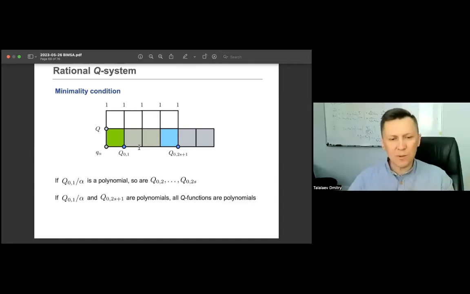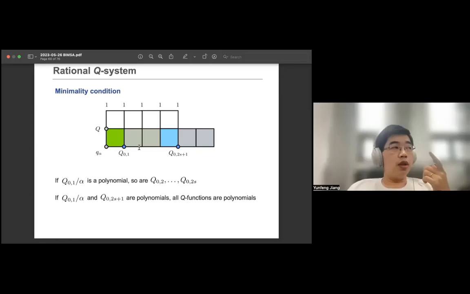Thank you. May I repeat my question about the relation with cluster manifolds? You said that this Q system is similar but not the same as such appeared in cluster algebras. I'm not familiar with cluster algebras.